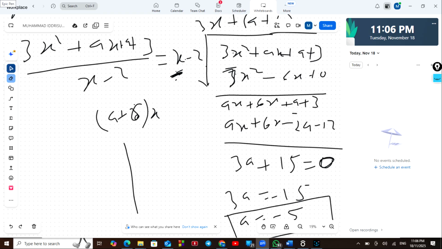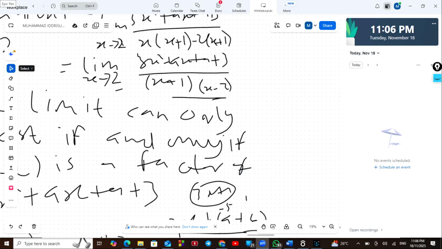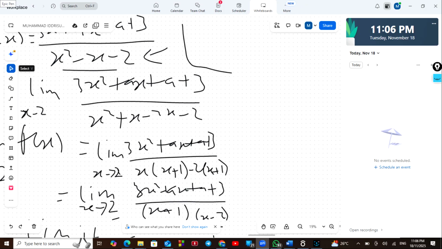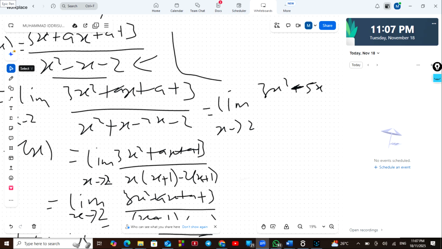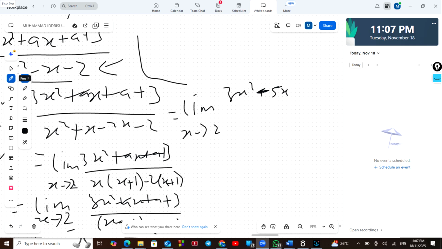Okay, so now we have the value for a is negative 5. Wherever I see a, I can put back the negative 5. So I'll have my limit as x approaches 2 of 3x squared plus ax, which is minus 5x, plus a, so minus 5, plus 3.